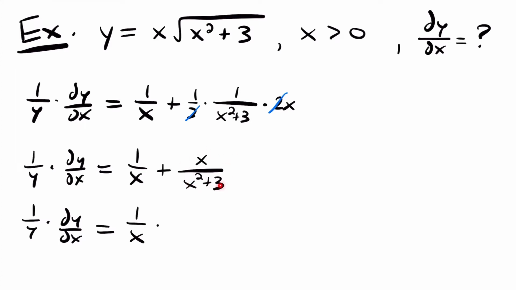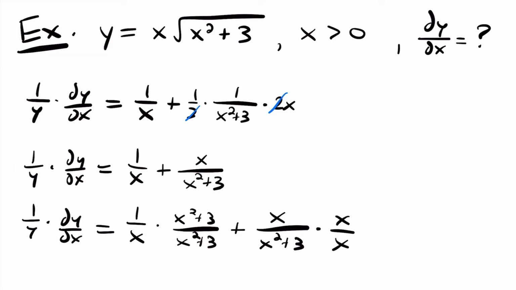So we're going to have x squared plus 3 divided by x squared plus 3, and then we will add that to x divided by x squared plus 3 times the denominator of this fraction as a form of 1. And so we'll have x divided by x, and that will allow us to get a common denominator of x times x squared plus 3.